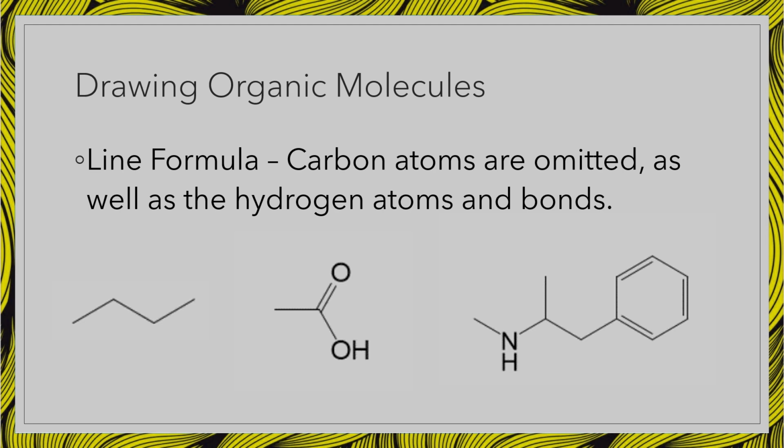So there's four carbons, one at the end of each carbon-carbon bond, but the carbons themselves aren't drawn in. Also, all of the hydrogens are implied, so they're not actually drawn in. So wherever there's not enough bonds on a carbon, we fill in the rest with hydrogen. So these examples, we have butane, we have acetic acid, and we have, I'm pretty sure that's just meth again.